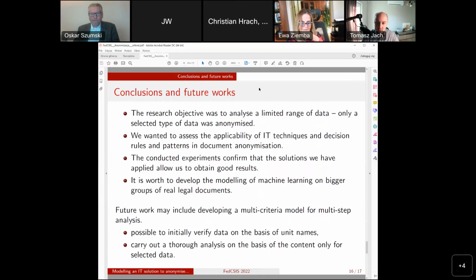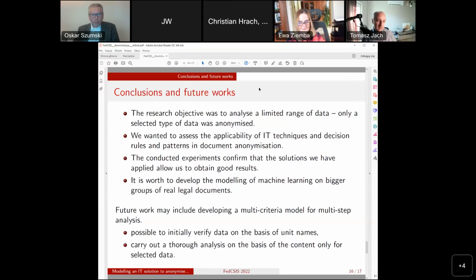For the conclusion, the research objective was to analyze a limited range of data. Only a selected type of data was anonymized. One can think of different PII information, such as, for instance, the identifying number of the document inside the legal practices, or any type of indirect information.